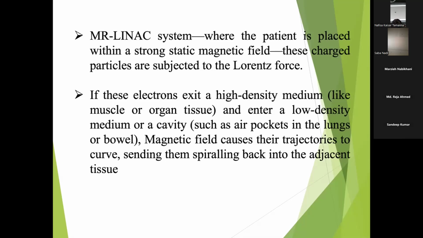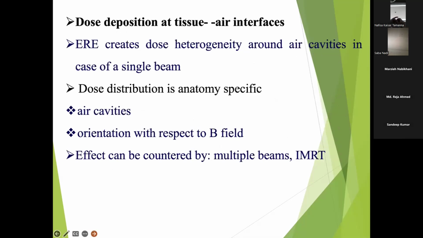So if these electrons exit a high density medium like muscle or organ tissue and enter a low density medium, the magnetic field causes their trajectories to curve, sending them spiraling back into the adjacent tissues, which finally gives more dose to the soft tissues.